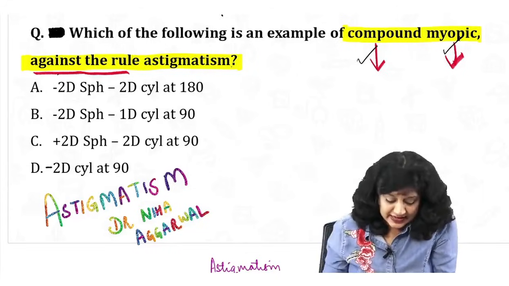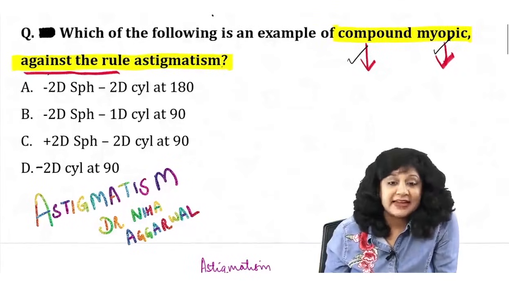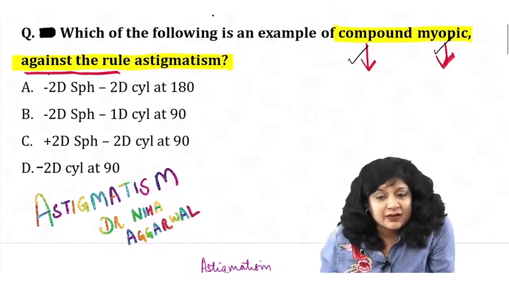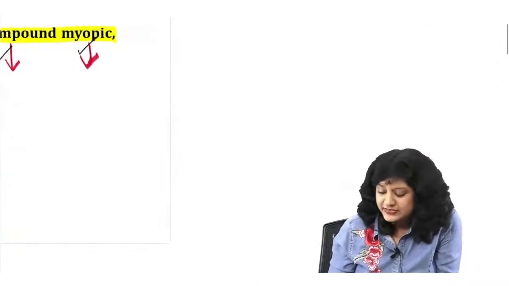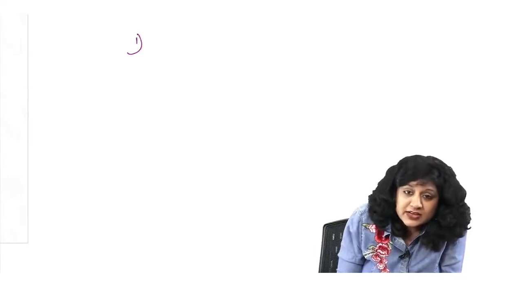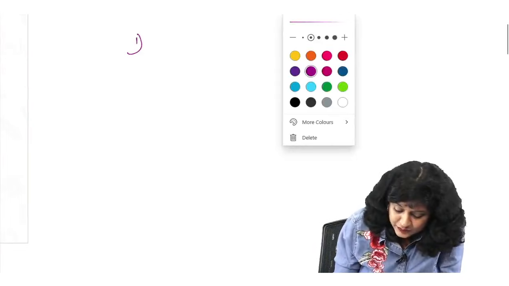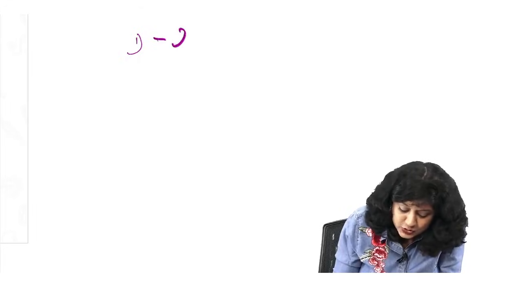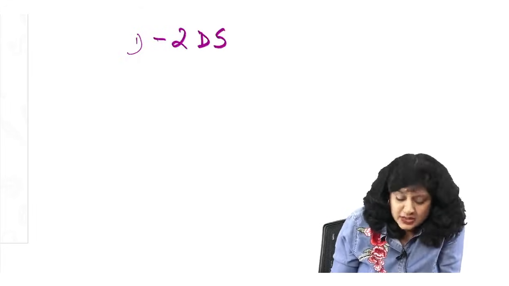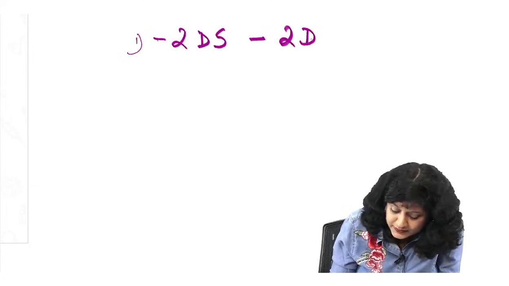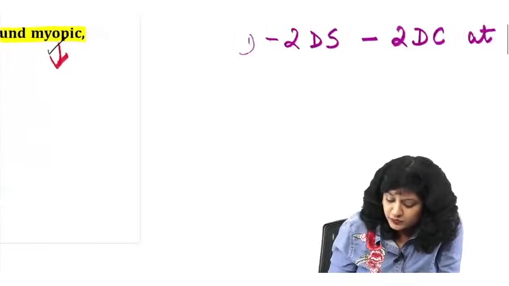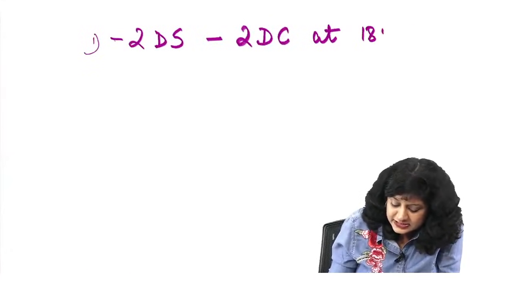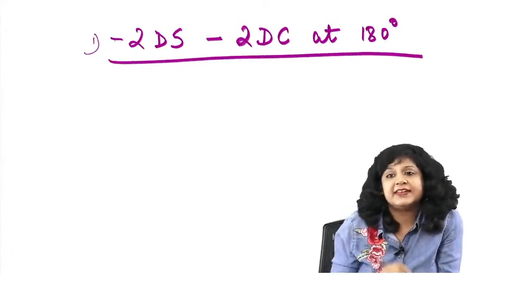So let's take up option number 1: -2 diopter spherical with -2 diopter cylinder at 180 degrees. So how to solve this? First option says we have -2 diopter spherical with -2 diopter cylinder, and the axis is 180 degrees.